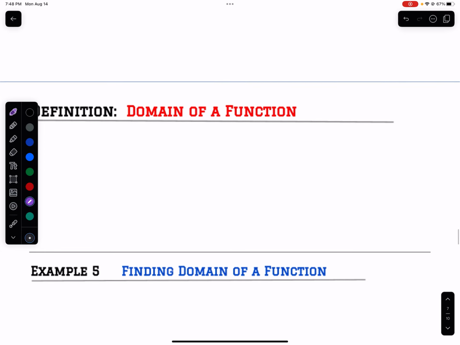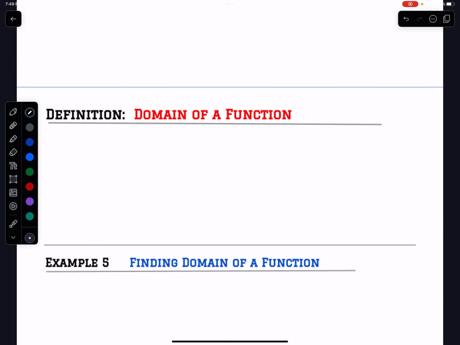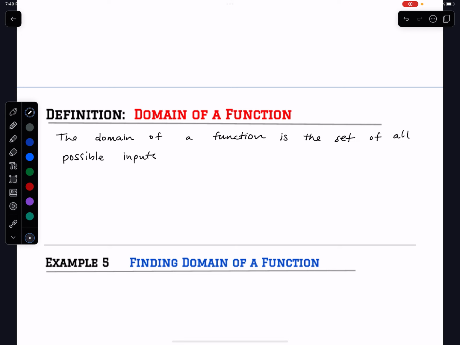Okay, domain. Again, your book gives you a pretty complex definition, so I'm going to try to simplify it for you. The domain of a function is the set of all possible inputs used to define the function.